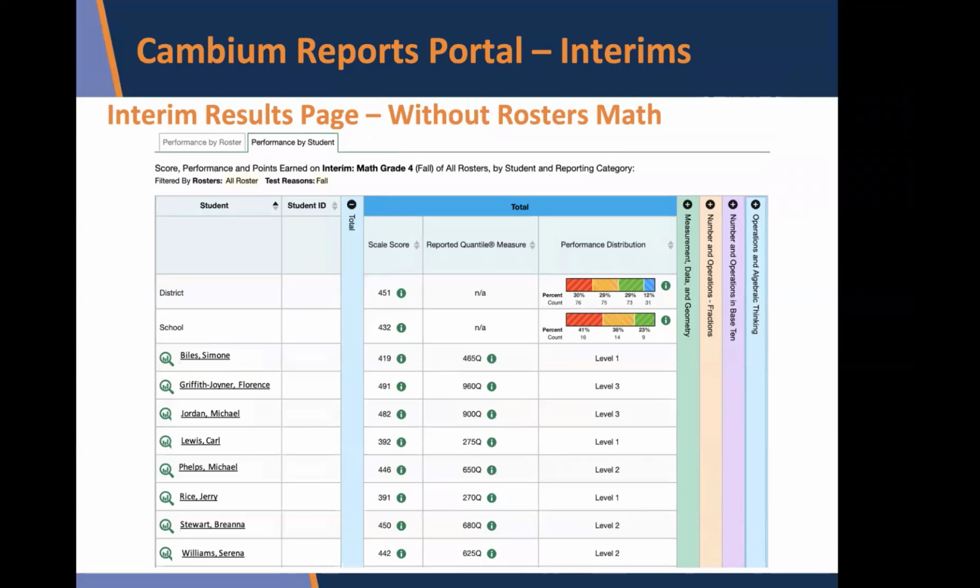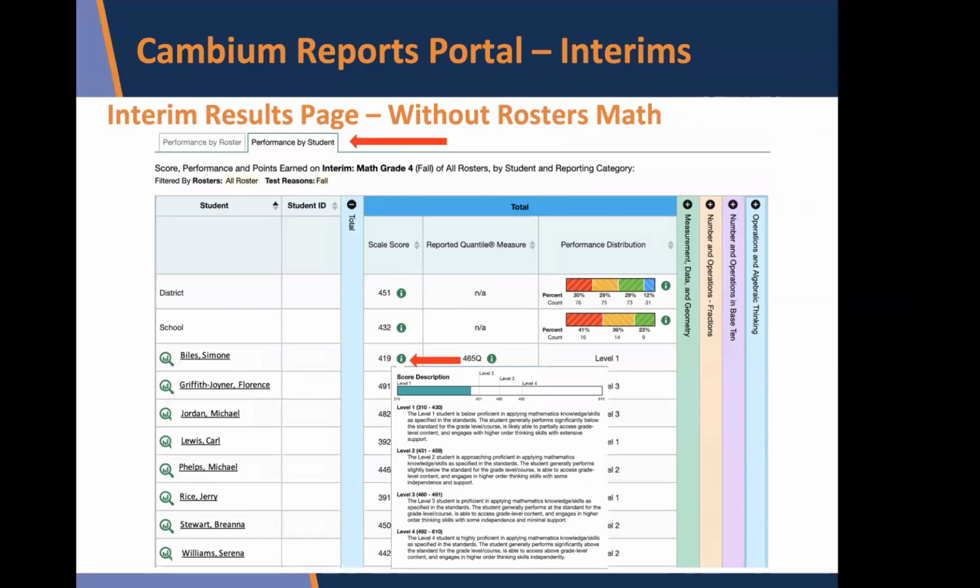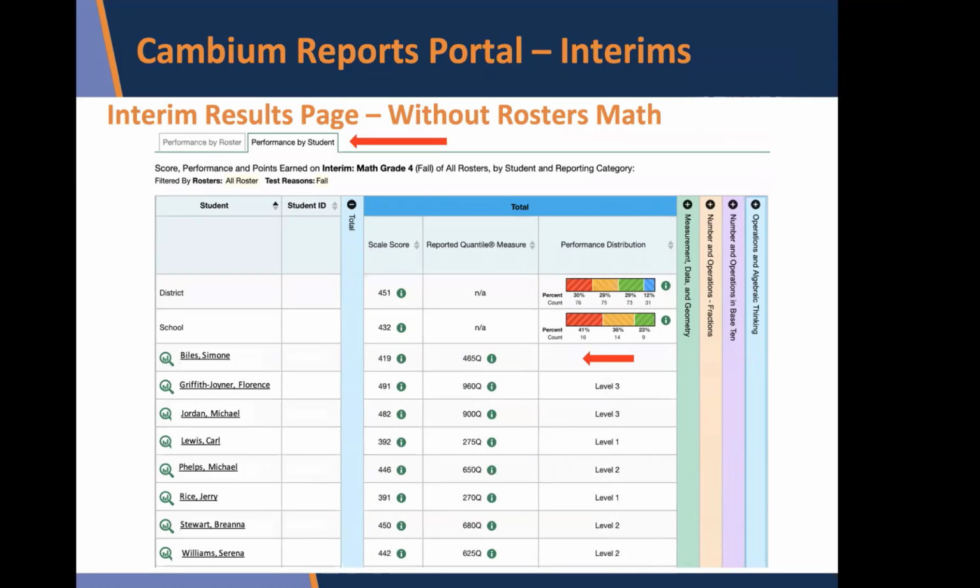If I go and I drill down to the performance by student here, I wanted to just show you here, this again is the scores and for the scaled scores, sort of the cut scores for that. And this little eye here, this is reported quantile measure.